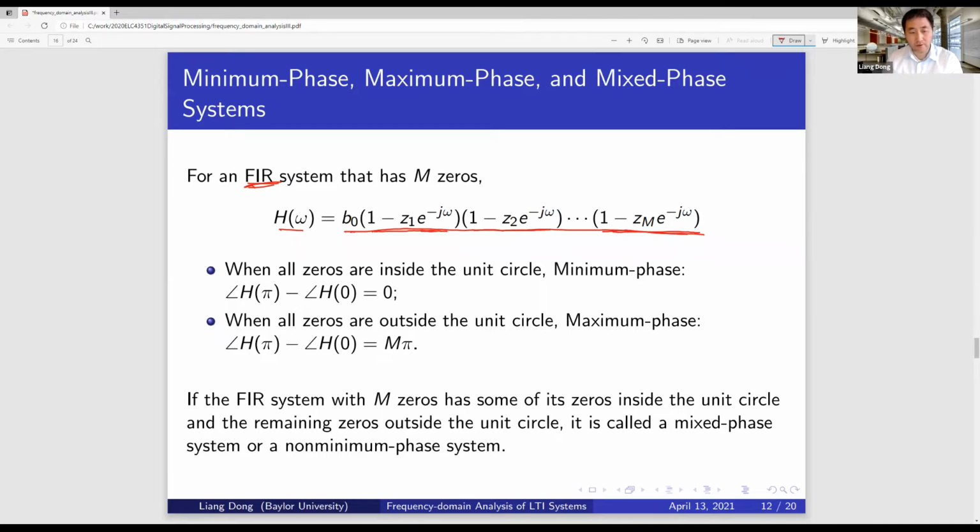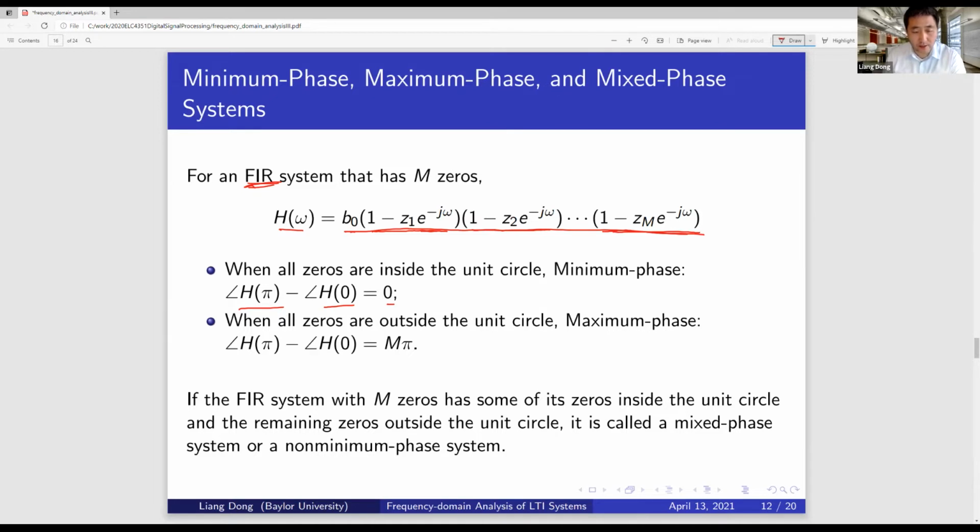In this general format, when all zeros are inside a unit circle, we have a minimum phase system. Minimum phase by its definition is that the phase at frequency π subtract the phase of the filter at the frequency 0 is 0. It's just generalized to m zeros. If they are all inside a unit circle, it's minimum phase.